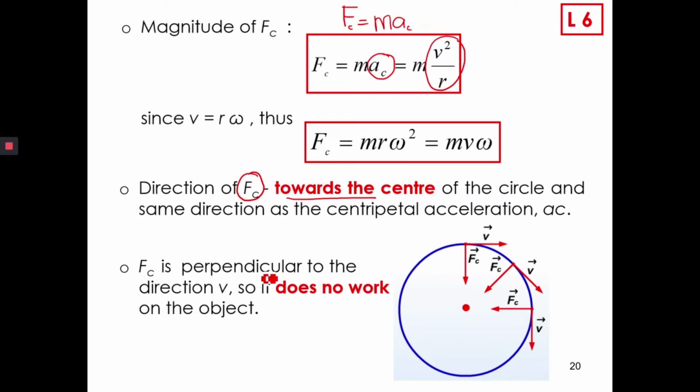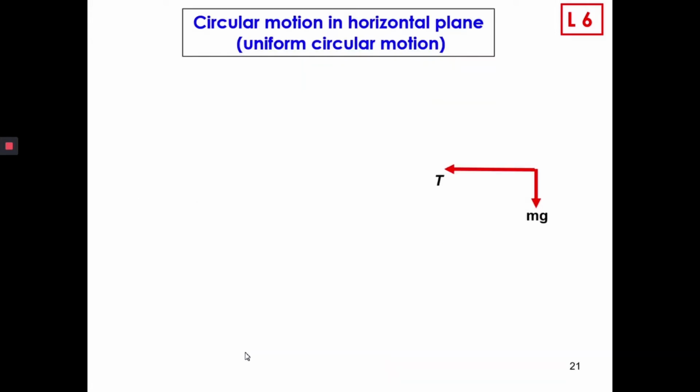Because centripetal force is perpendicular to v, it does no work on the object. So your work because of centripetal force equals 0. Unit for force, as with normal force, gravitational force and all those forces, the unit for centripetal force is Newton, N.